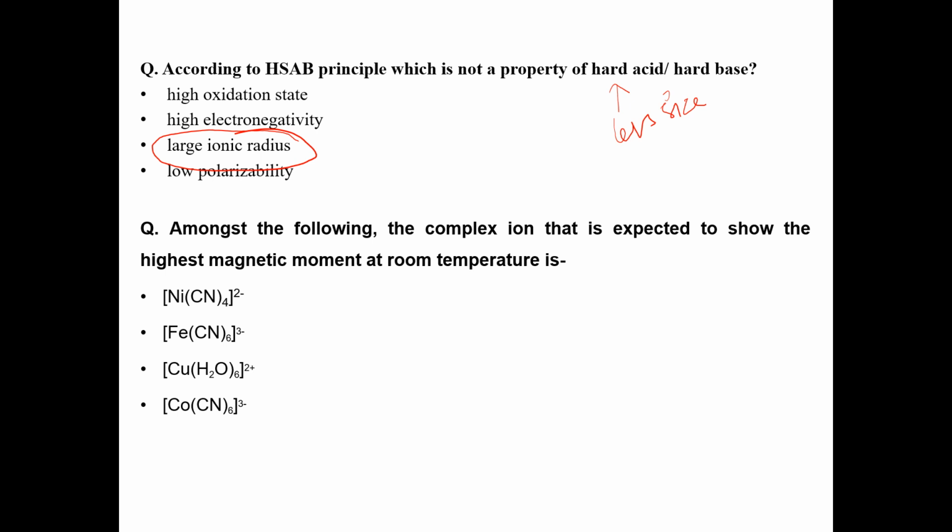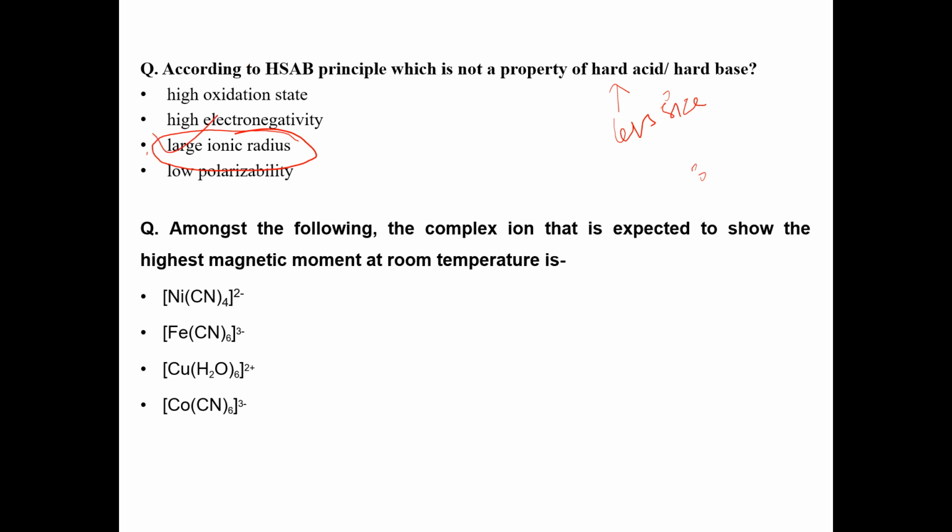They have low polarizability, meaning the electron cloud cannot be easily distorted. That is called polarizability. High electronegativity, yes. High oxidation state, because in a high oxidation state the metal has a very small ionic radius.